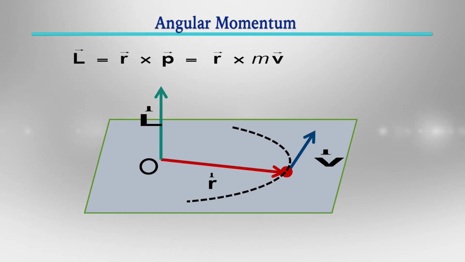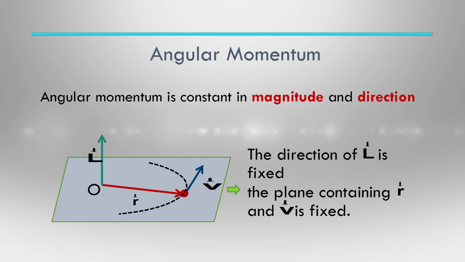So basically L is perpendicular to the plane containing r and v, that is, it is perpendicular to the plane in which the particle is moving, because r and v define the motion of the particle. So O is the center of force, r and v are the position and velocity vectors, and the angular momentum about the center of force is at right angles. We have also shown that L is constant and that means it is constant in magnitude and direction. So the angular momentum is always going to be in a fixed direction.